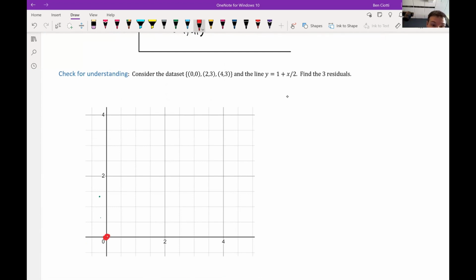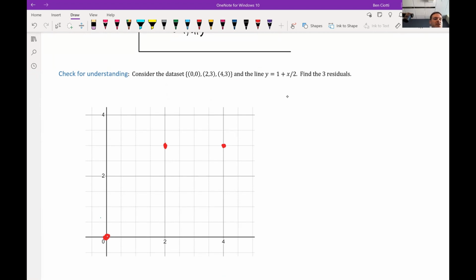Here's the point 2, 3. Here's the point 4, 3. If we considered y equals 1 plus x over 2 to be our regression line, and I'm not saying that it is, but if it was, we could compute these three residuals.